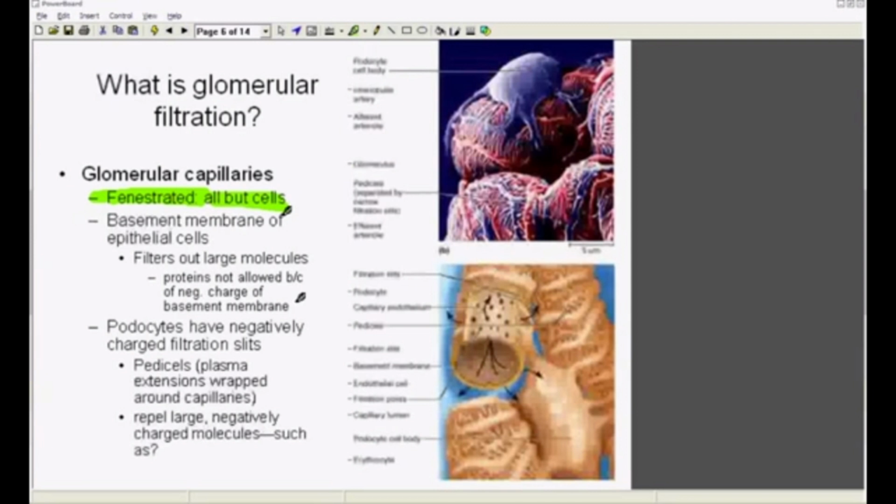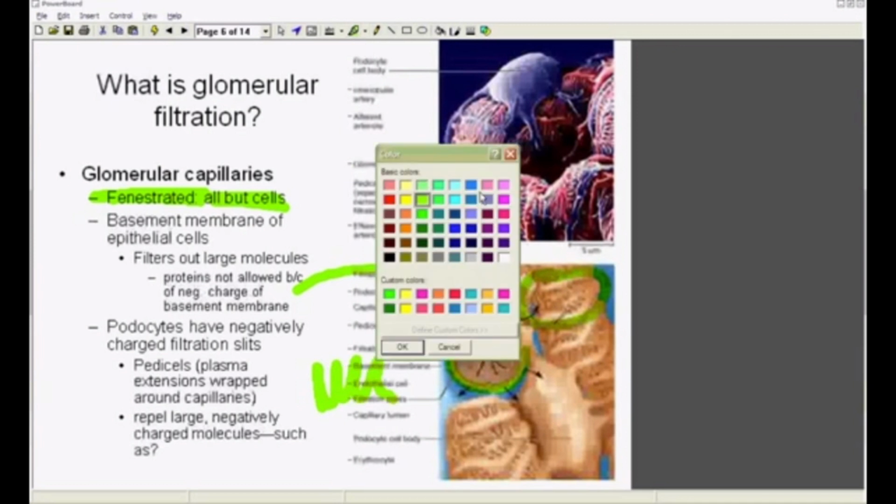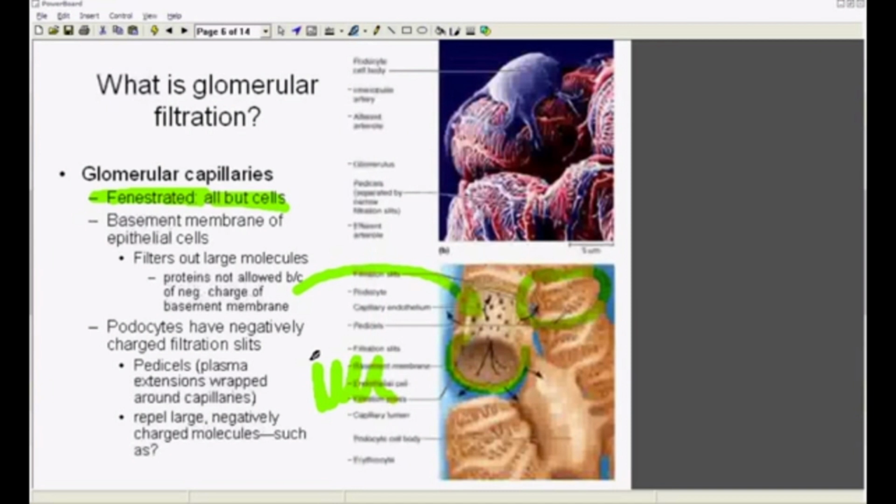So here's my fenestrated capillary. You can see it there with all the holes in it, and then surrounding it is another layer of cells, these podocytes, and you can see that they do indeed have all these finger-like projections, and that one podocyte, if I were to draw its finger-like projections like this, interdigitates or coordinates itself with the neighboring podocyte like this, so that the finger-like projections of these two cells meet up with each other as if you were interdigitating your fingers, and that solutes then have to try to pass through the little slits in between that I'm outlining in black here.